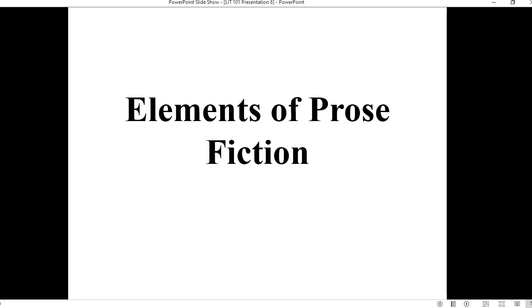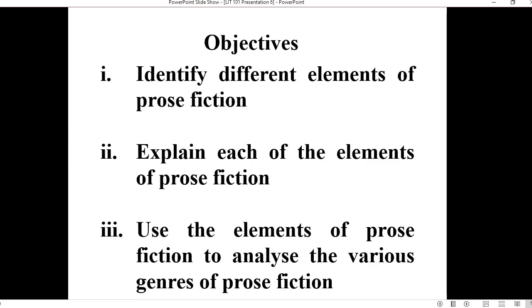Among the series of lectures we have on Literature 101, Introduction to Fiction, in this series we are going to look at elements of prose fiction. Therefore, by the end of the lecture, it is expected that you will be able to identify different elements of prose fiction.